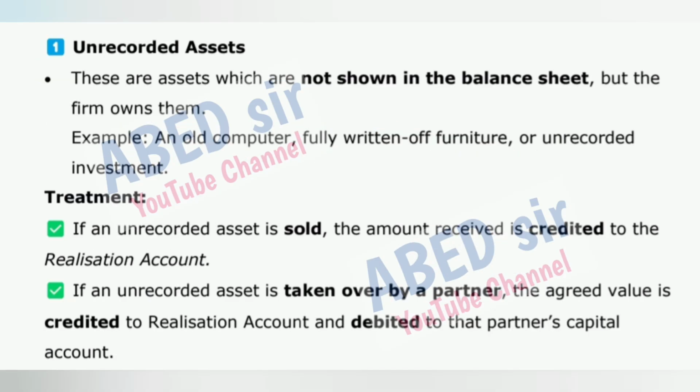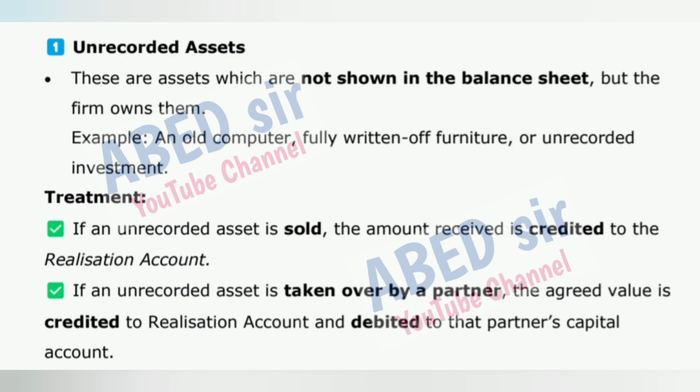1. Unrecorded assets. These are assets which are not shown in the balance sheet, but the firm owns them. Example: an old computer, fully written off furniture, or unrecorded investment. Treatment. If an unrecorded asset is sold, the amount received is credited to the realization account.